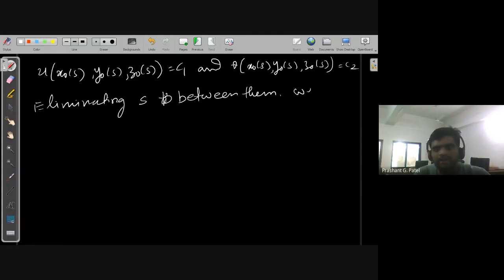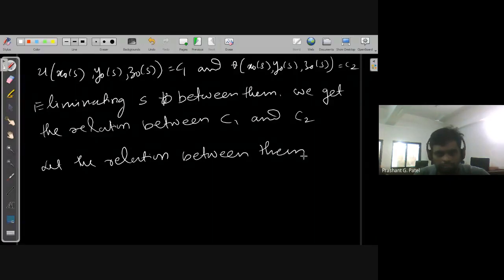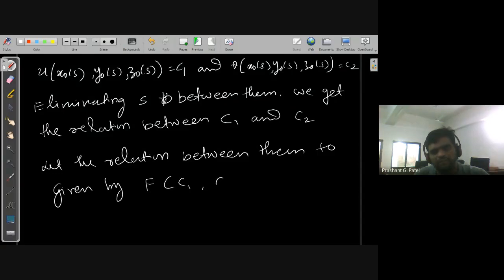And we get a relation between c1 and c2. Let the relation between them be given by f of c1, c2 equal to 0.